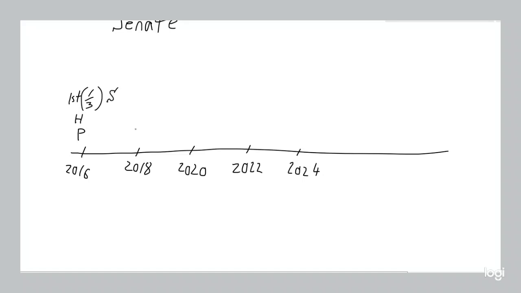Then what happens in 2018? Well, there's no presidential election because that happens only every 4 years. There's still elections in the House, and there's elections for the second third of the Senate. And then what happens in 2020? Well, you have a presidential election because it's been 4 years now.